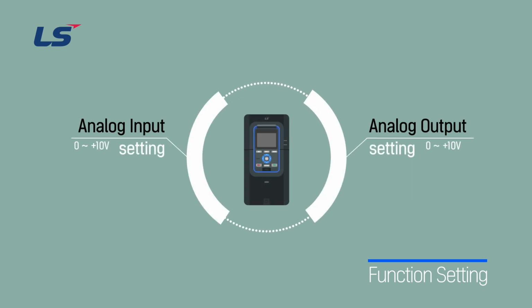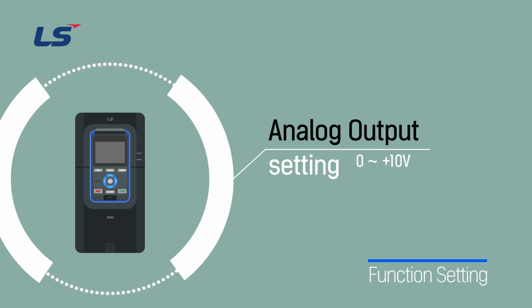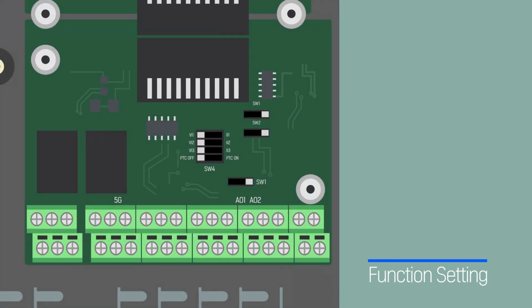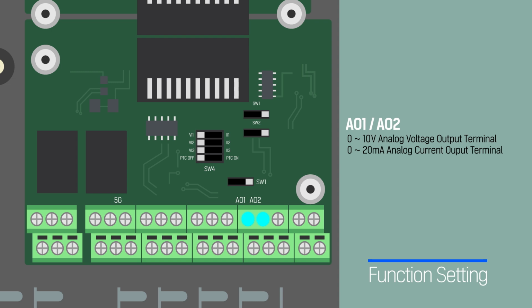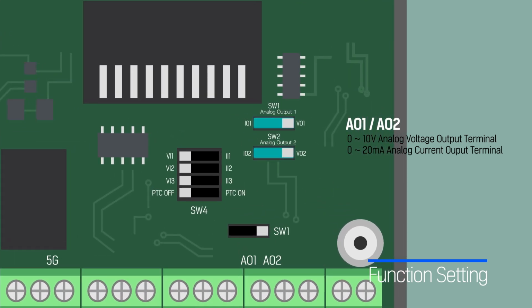Next, let's start with the wiring method for 0 to 10 volts analog output. The terminals related to analog output are A01, A02, and 5G. A01 and A02 can be configured through a switch on the control board to output either 0 to 10 volts analog voltage or 0 to 20 milliamperes analog current.